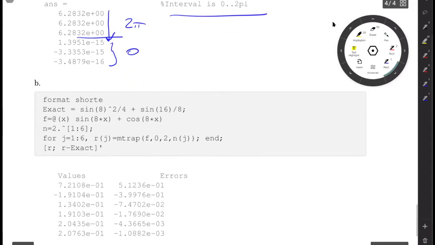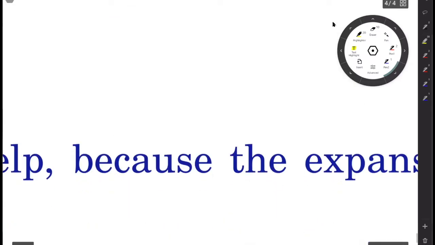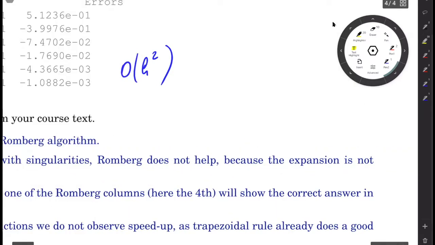If we do problem number B, you can see that the errors behave like order h squared, meaning every time I halve h, I get an error which is 4 times as small. Okay, perfect.